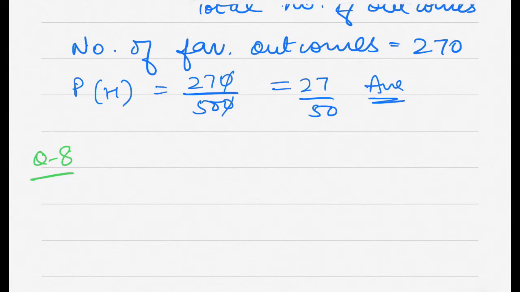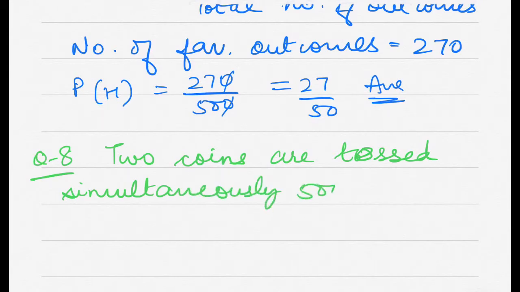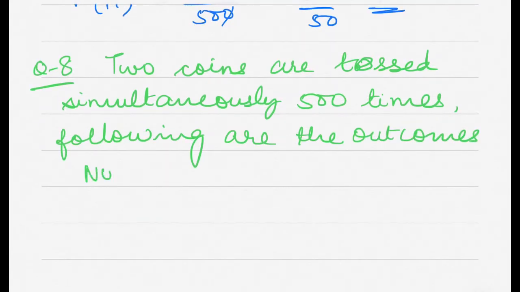In this question they are asking: 2 coins are tossed simultaneously 500 times. Following are the outcomes.